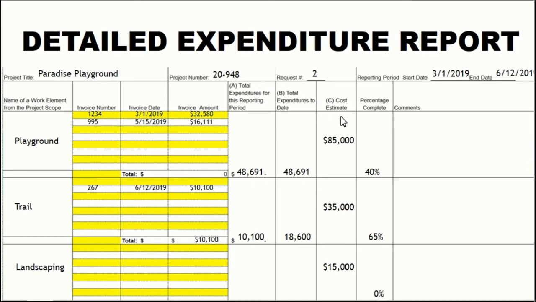And again, column C is the cost estimates that were supplied in your project costs with your application. The last column is the percentage complete. This is the actual physical degree that this scope element has been completed. It is not a ratio of expenditures to the cost element, but an actual degree of completion of that particular element.